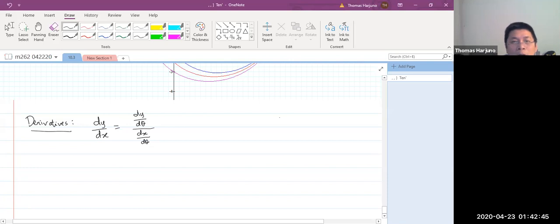Now don't forget that x equals r cosine theta and y equals r sine theta. Therefore, let's do this first. What is dx/d theta and dy/d theta? In some sense, if possible, please memorize this. Don't forget that r is actually a function of theta.